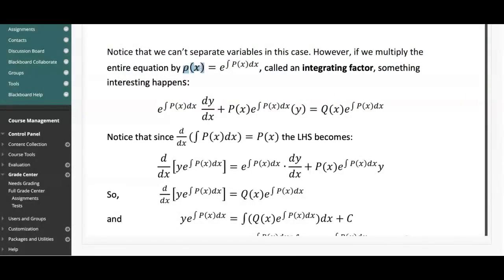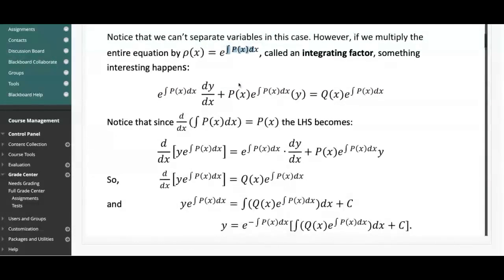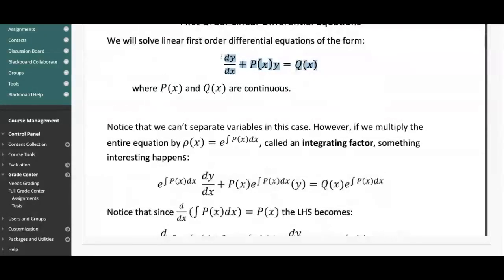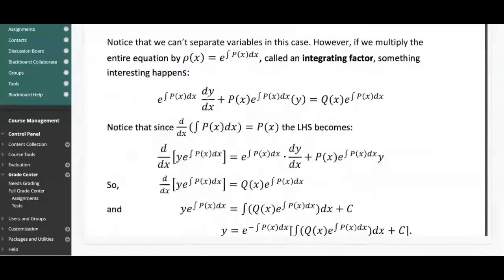We define rho of x as e to the power of the integral of p of x. We started with the right form, then we multiply the integrating factor with these three terms.